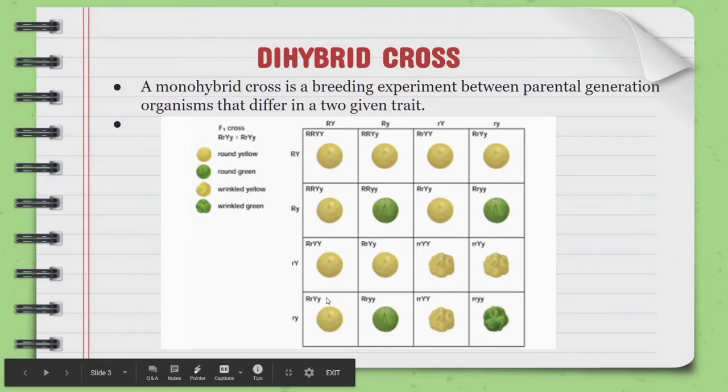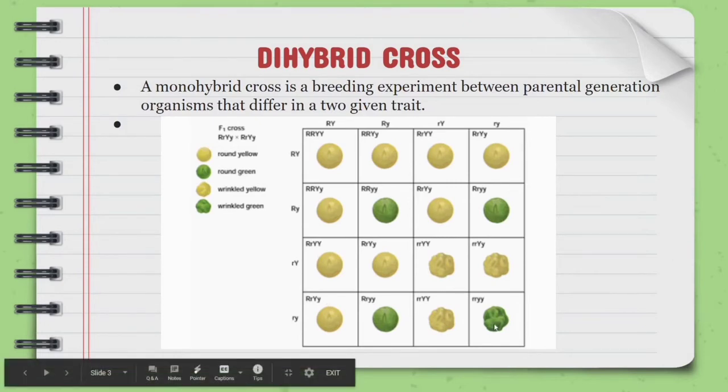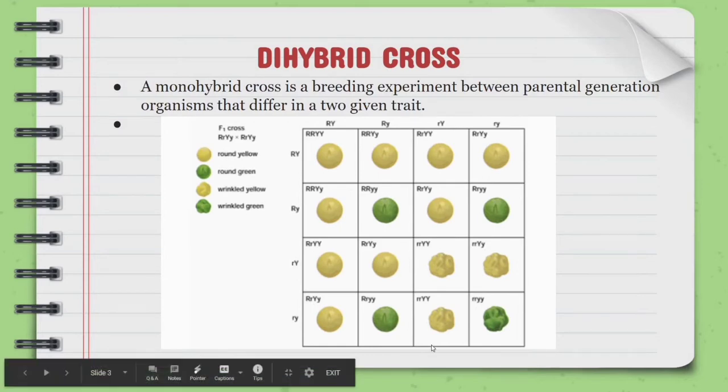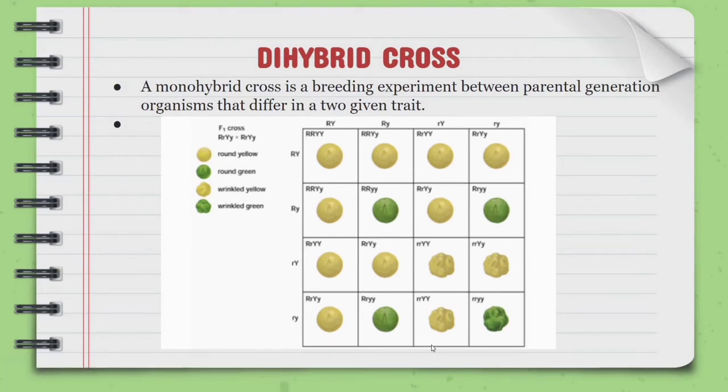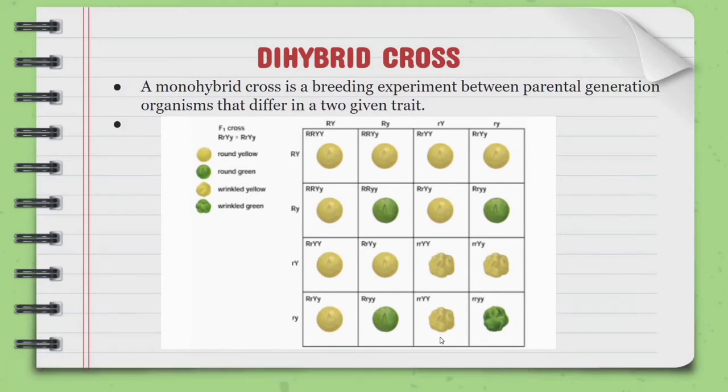Among them, 9 will show the character of the dominant parent, 1 will show the character of the recessive parent, and 3 will show a mix, dwarf with purple flowers and 3 tall with white flowers. So 9:3:3:1 is the dihybrid cross ratio in the F2 generation.